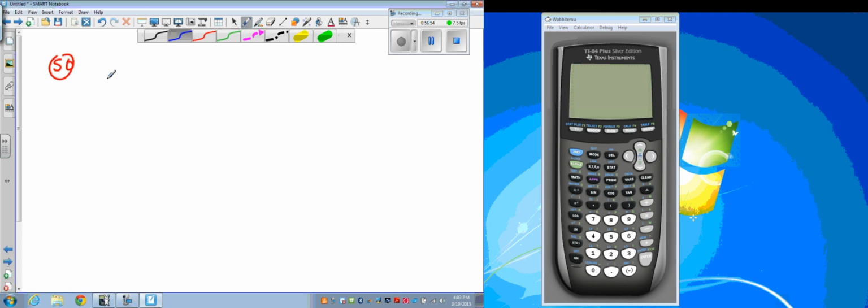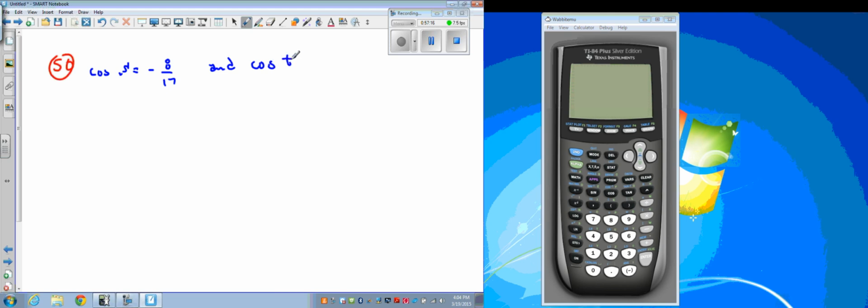What they're giving us is the cosine of s equals negative 8/17 and the cosine of t is negative 3/5, and it says s and t are in quadrant 3.